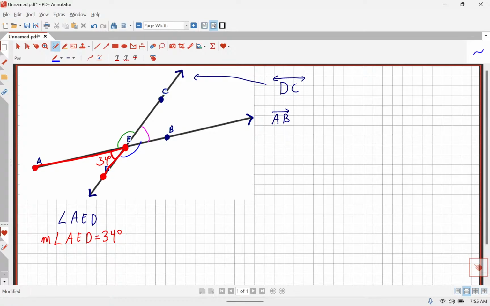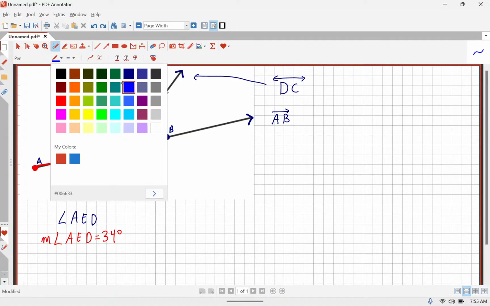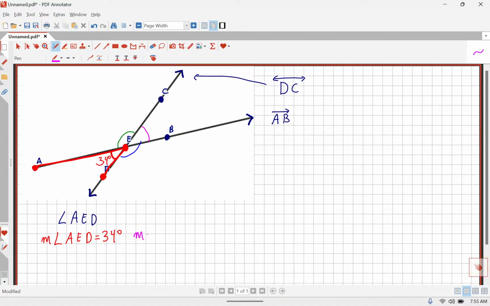If I know that the measure of angle AED is 34 degrees, I can tell you for sure what the measure of angle BEC is. That is, if I go from B to E to C, I know how many degrees this is now.